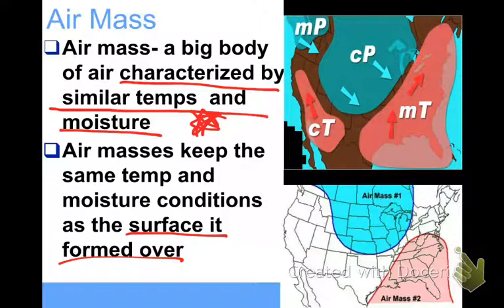Because Canada is cold and Canada is dry, you are a cold, dry air mass. As that air mass begins to move, it's going to start to make other places it moves past more cold and more dry. That's the type of weather it would bring with it. And notice, as I say a cold, dry air mass, I am talking about its temperature, and I'm talking about its moisture content. So that's both of these bullets combined.